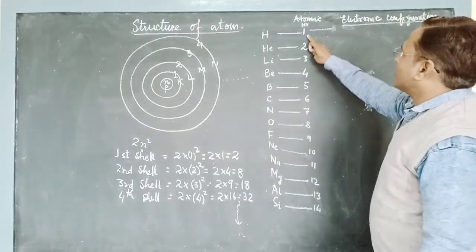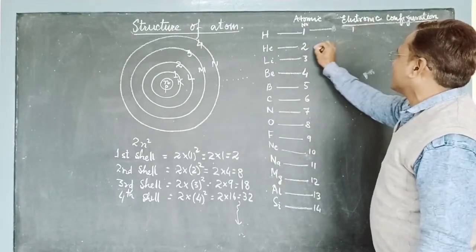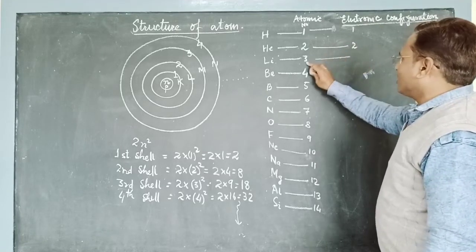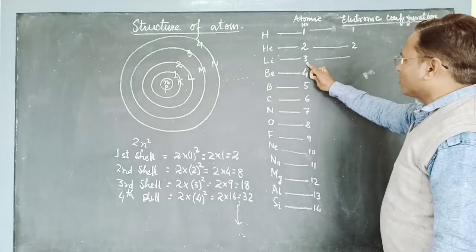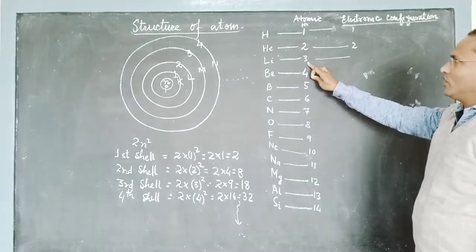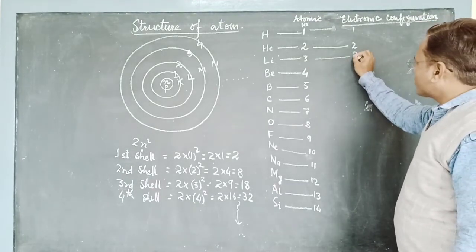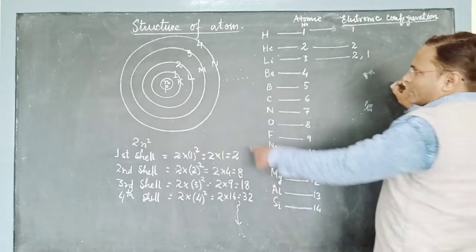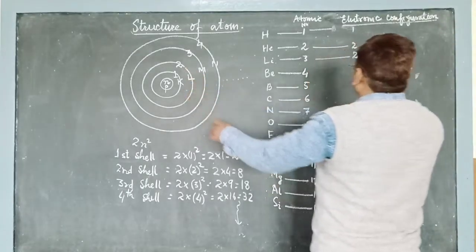So hydrogen is having only 1, so 1 will go in this. For lithium, where you have atomic number 3, in the first shell 2 electrons will be accommodated. In the next shell number 2 or L, 1 will go.